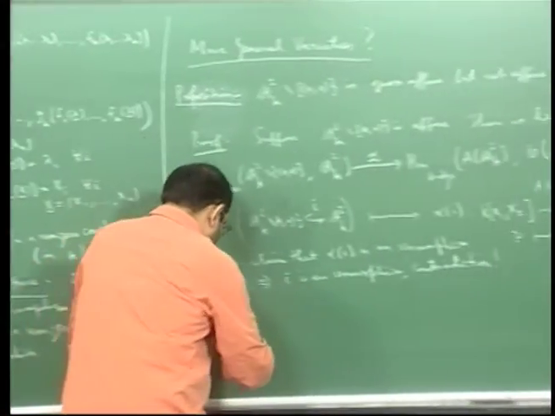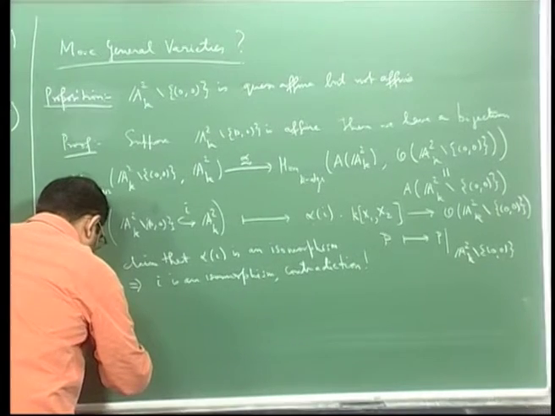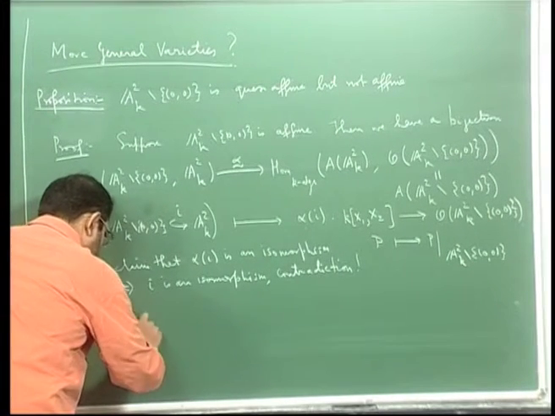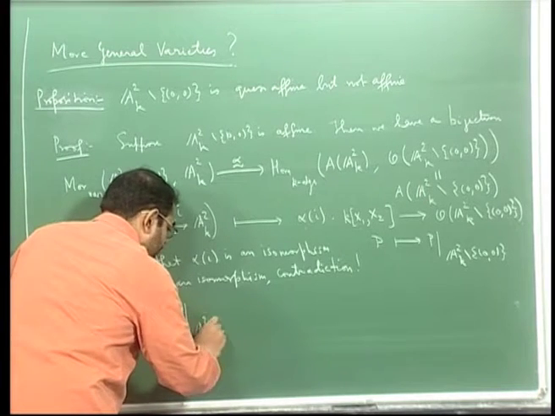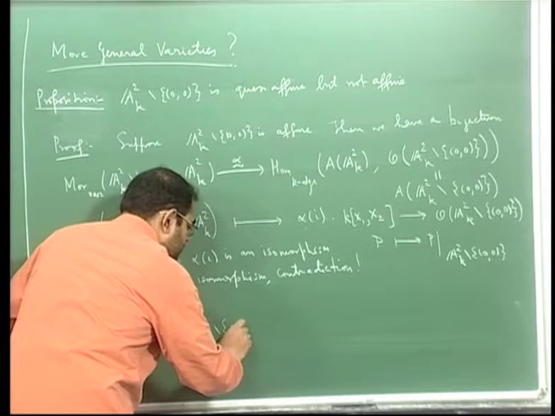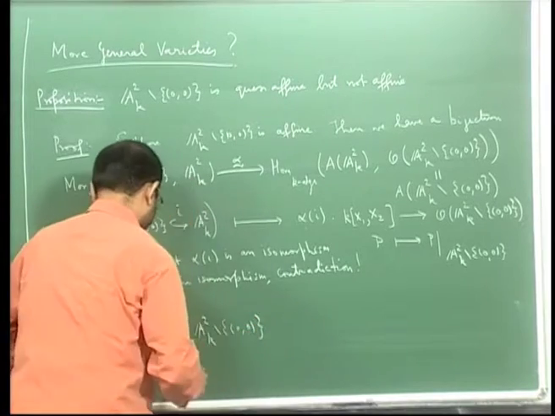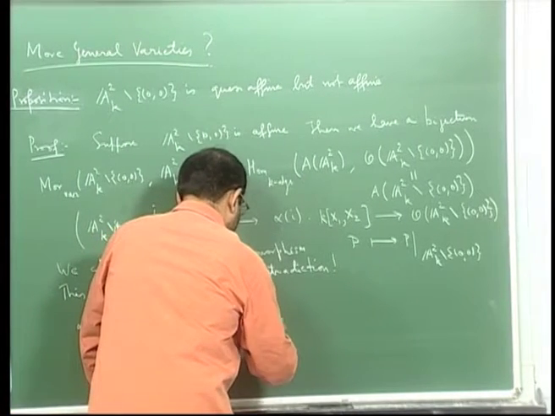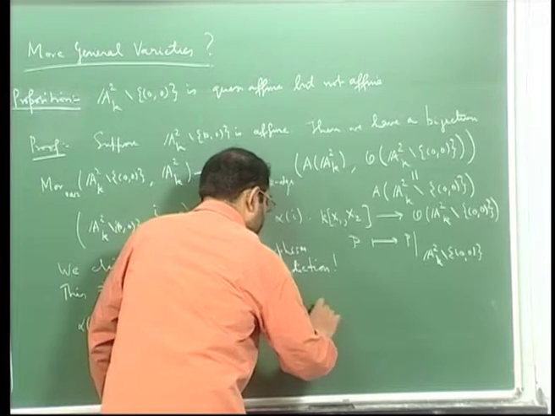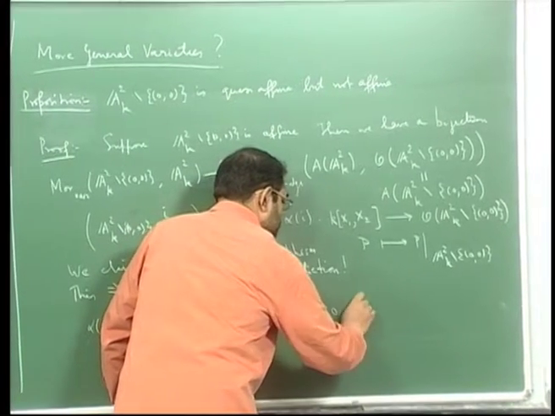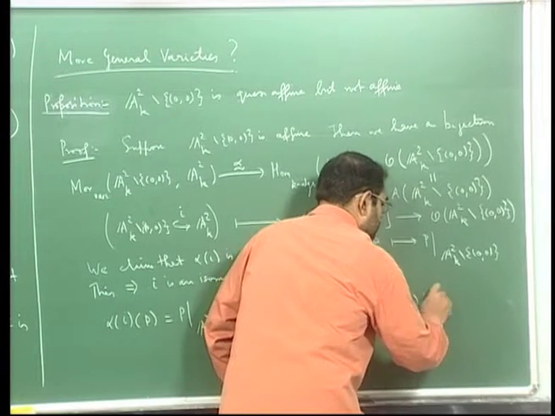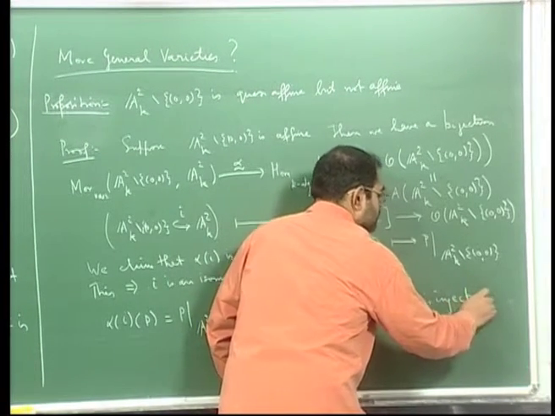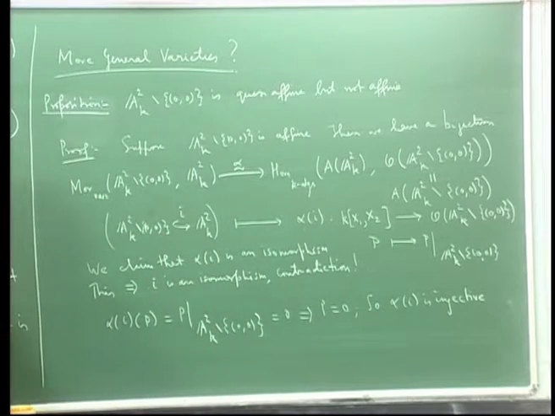So alpha of I of P, which is P restricted to A2 minus the origin, is equal to 0 implies P equals 0. So alpha of I is injective.